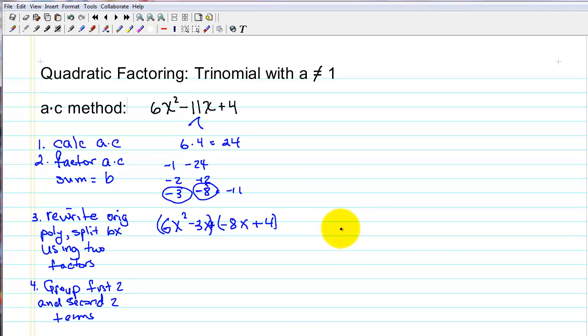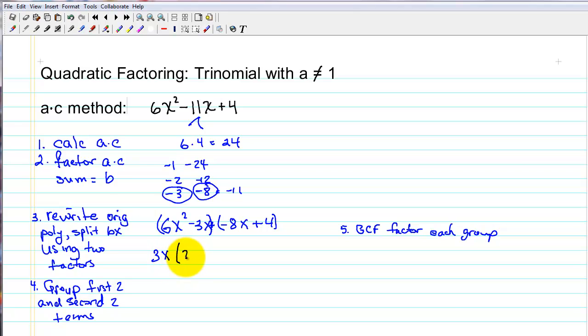Our fifth step is to GCF factor each group. So here, if I GCF factor here, I can factor out a 3 and an x.